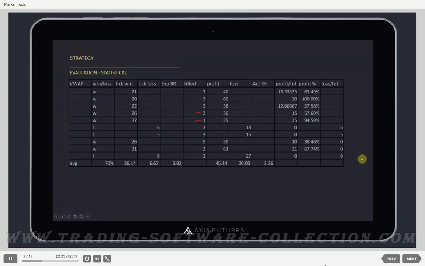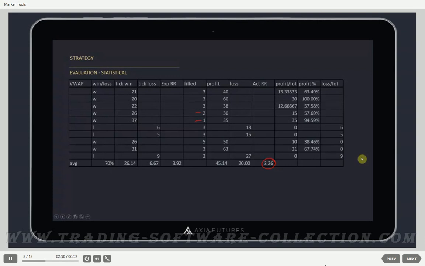From that, you can then rack up your actual profit in ticks and your actual loss in ticks, giving you an average profit, an average loss, and an actual risk reward. Notice how this is quite a bit lower. This is due to execution risk, but it could also be flagging up certain things that you're doing right or wrong.